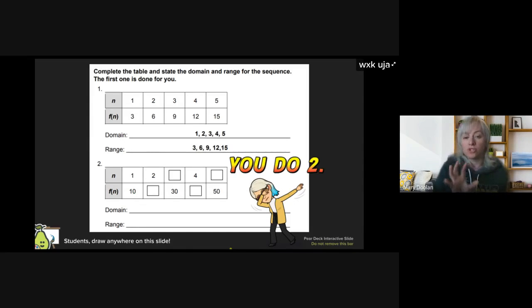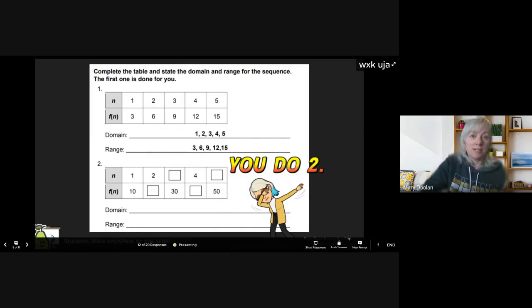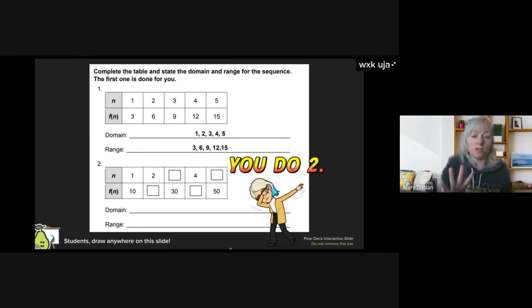So there's 24 students that are in this meet that should be hearing me tell you that you need to be in the Pear Deck. Our Pear Deck is up to 20. So there are 4 students that are listening to the meet that have not joined the Pear Deck. You are absolutely required to join the Pear Deck if you want to get credit or attendance in class.